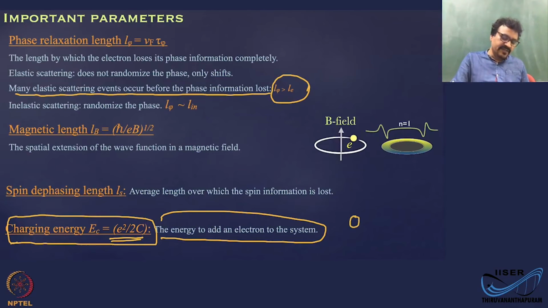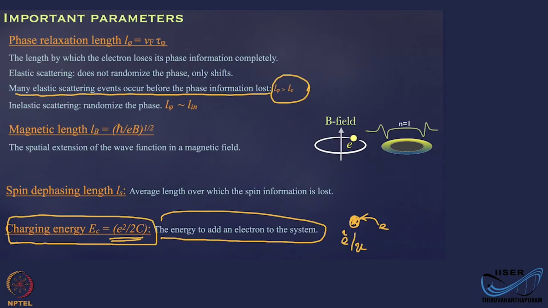So assume that you have a very small, say, quantum dot, and you want to add one electron to it. The energy that you need to exert to add an electron to it is defined by the charging energy, e squared by 2C. This is a very small quantity when you consider the actual magnitude of e squared and C. But when you have systems in the nanometer or submicrometer regime, then the C can be very, very small.